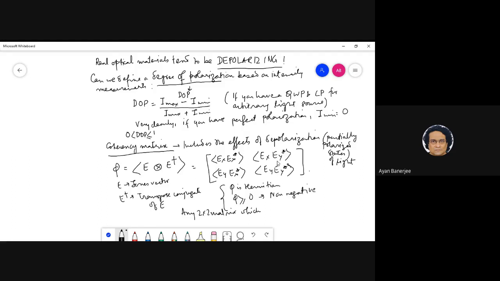So let me say that, if I'm preempting a bit, in the Stokes thing, this is nothing but the 45-degree minus 45-degree part, and this one is essentially the RCP minus LCP. So you will extract out the phase. These are essentially the relative phase between Ex and Ey.